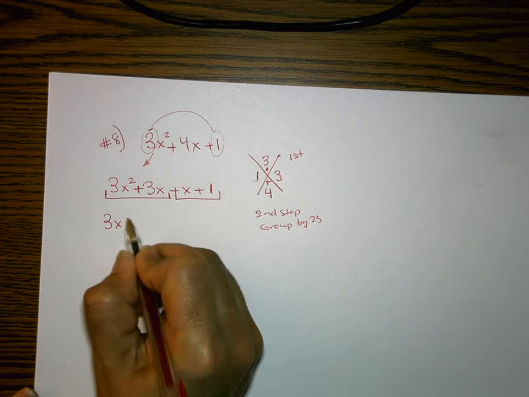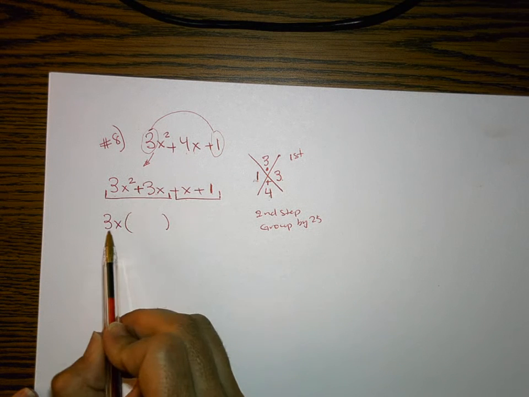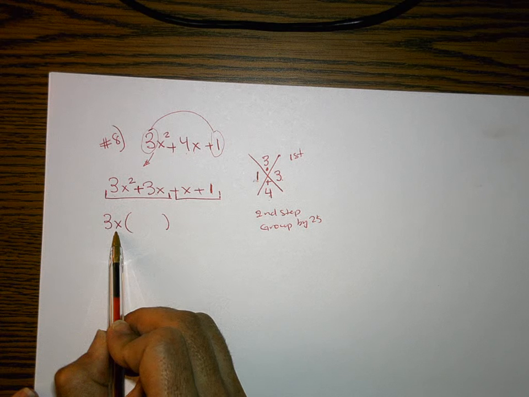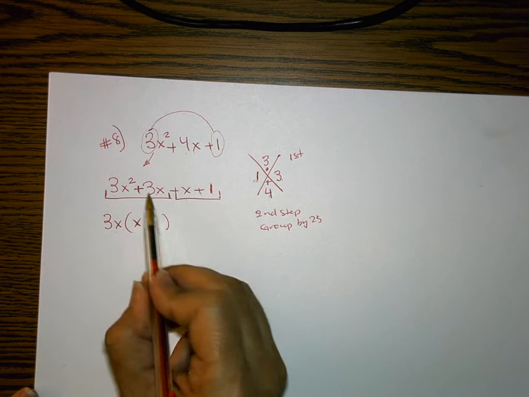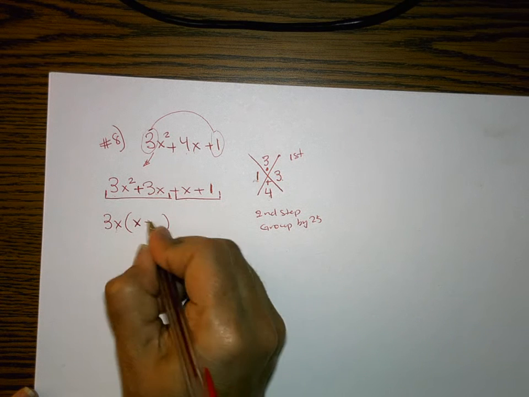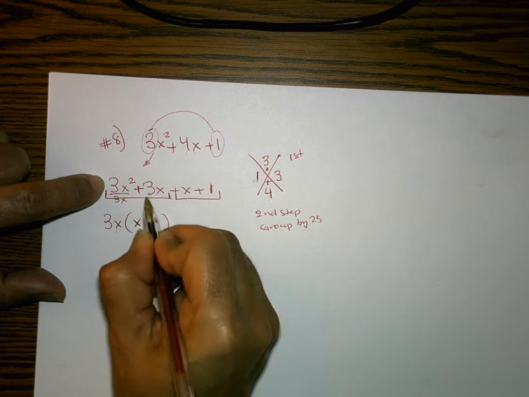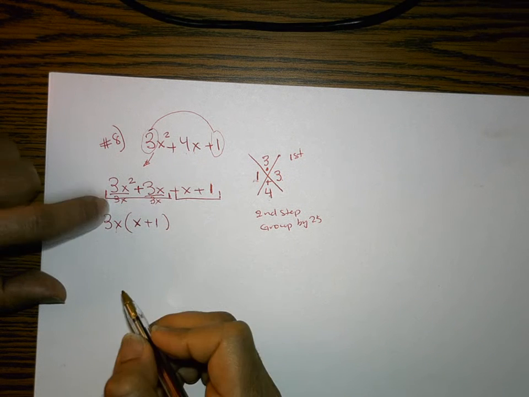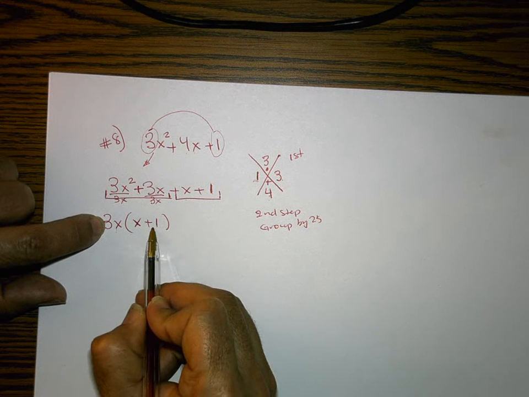So I'm going to divide both of those terms by 3x. 3x squared divided by 3x gives me an x left over, okay? And a positive 3x divided by 3x is a 1. That's exactly what I'm doing. So the 3x is my GCF, and I get an x plus 1.